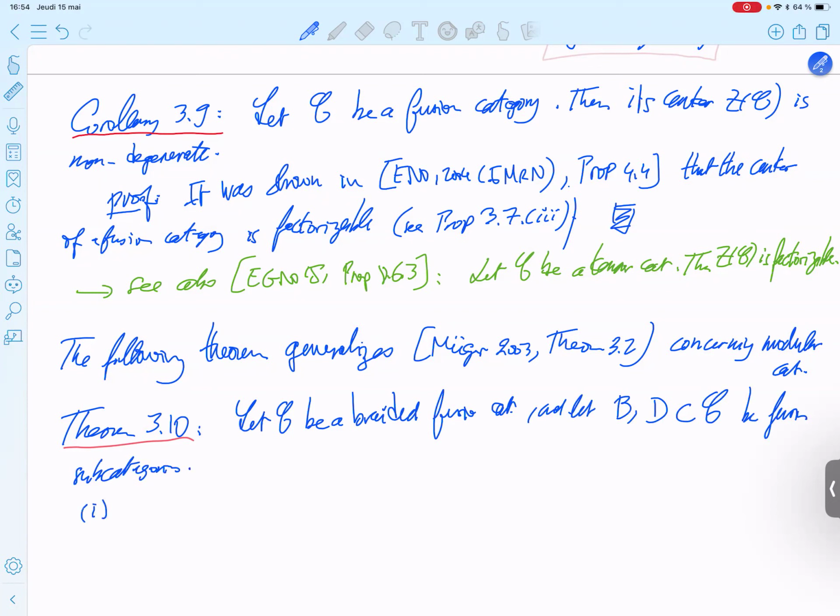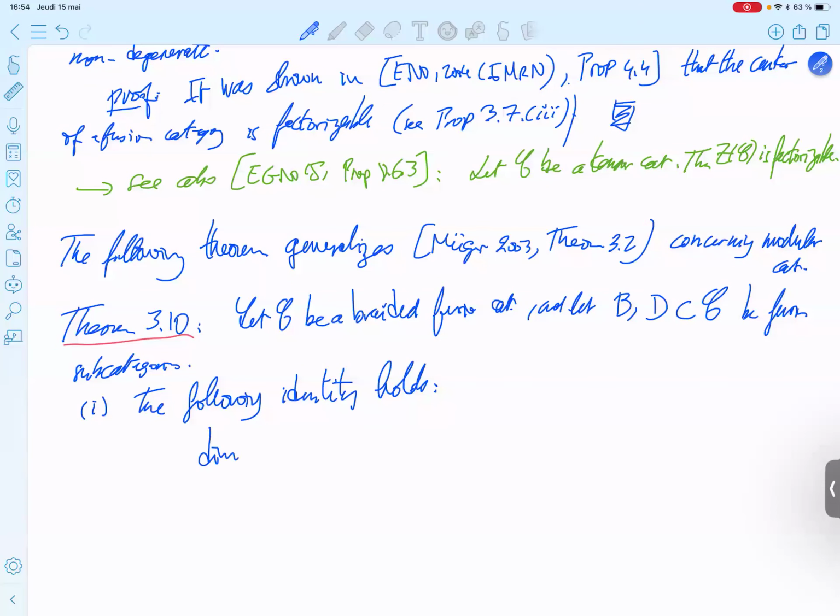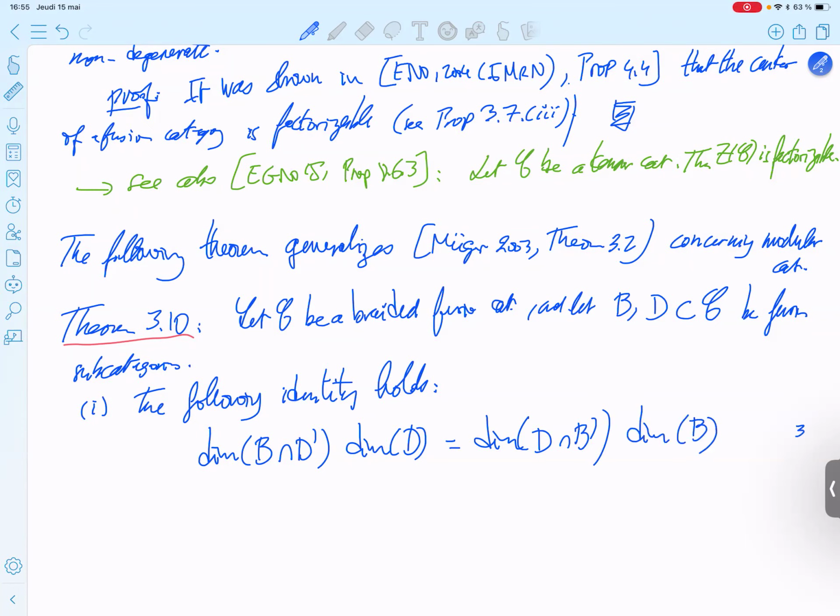Then the following identity holds. The categorical dimension of D intersection B prime times the categorical dimension of D is equal to the categorical dimension of D intersection B prime, the centralizer of B, times the categorical dimension of B. And this will be equation 33.